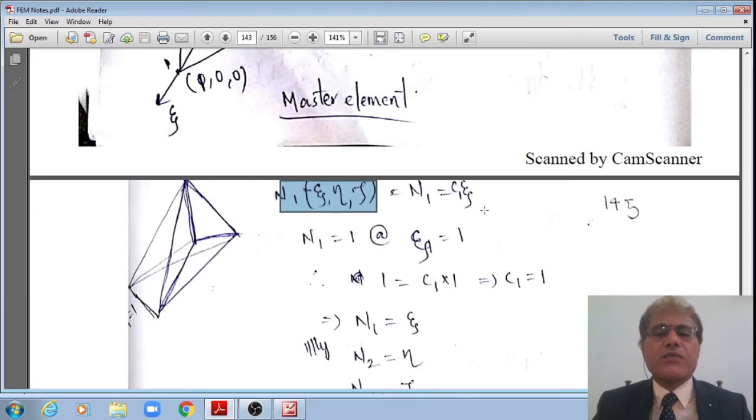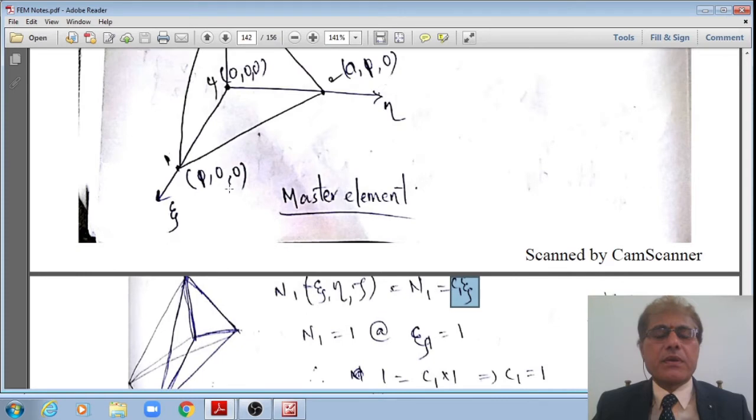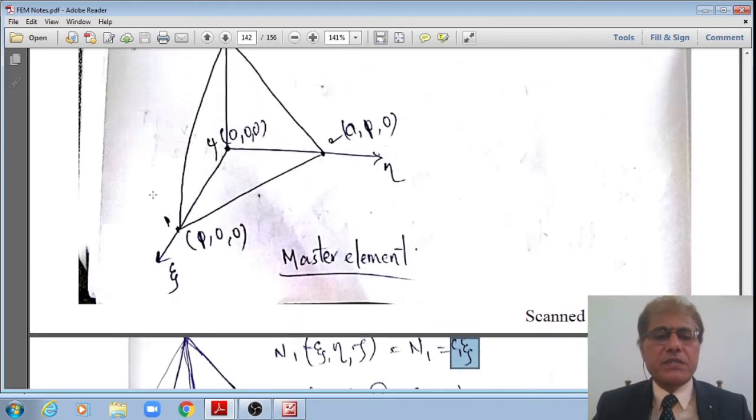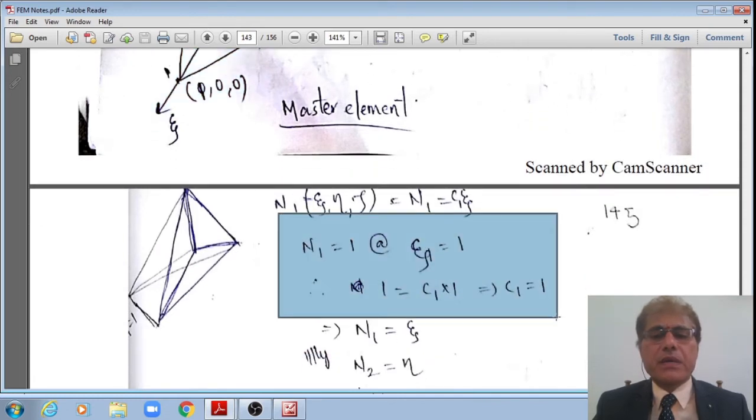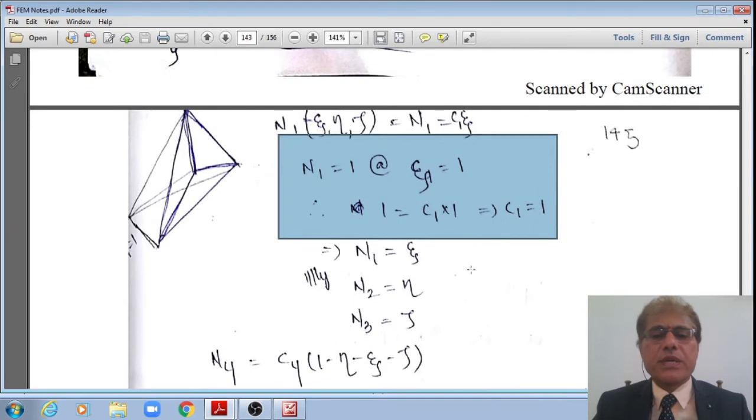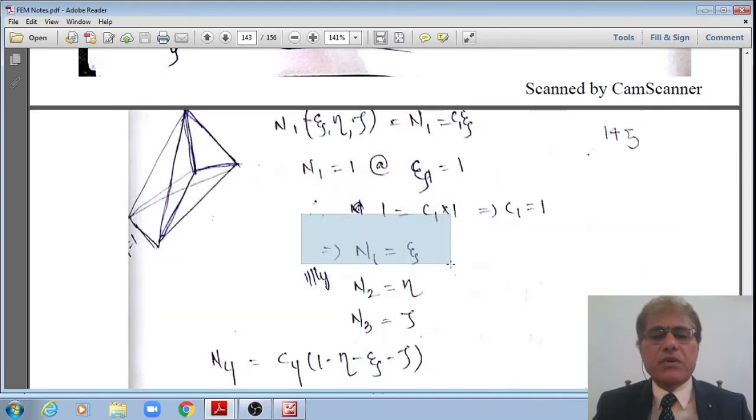Therefore, n1 is equal to c1 multiplied by xi along the local x direction. But from the properties of the shape functions, we know that n1 is equal to 1 at 1, 0, 0. Therefore, if I substitute that, now I'll get c1 is equal to 1. Back substituting which, I'll get n1 is equal to xi.